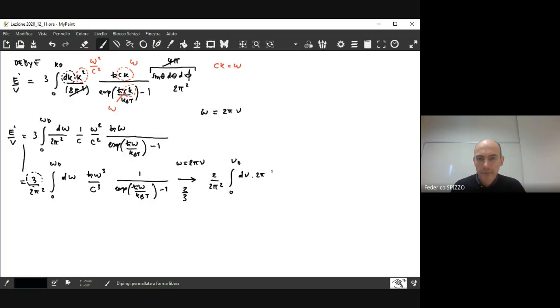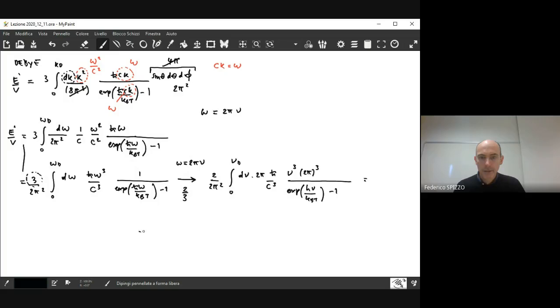Then we have h bar, then speed of sound to the power of 3, then omega is equal to the frequency to the power of 3 times 2 pi to the power of 3, and then we have the exponential of h bar omega, with this expression for omega, equal to h times frequency divided by kBT, minus 1.